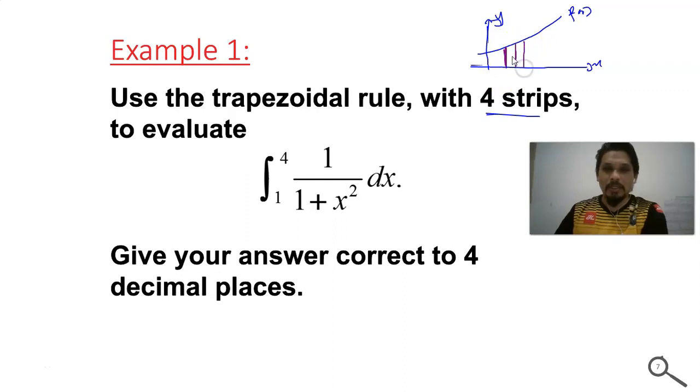Then 2 strips means that there are 3 ordinates, and then another one and another one. This graph of f(x) does not represent this question; it is just to show you the strips. When we are given 4 strips here, we have 1, 2, 3, 4.